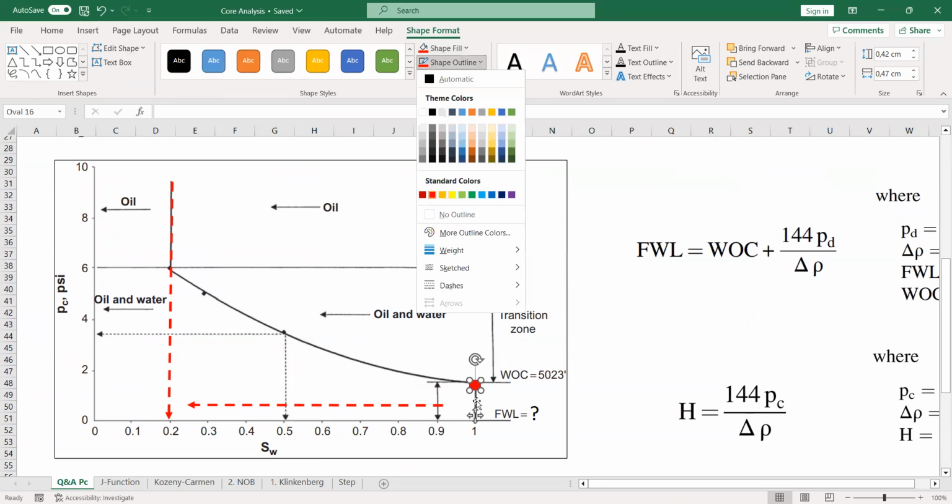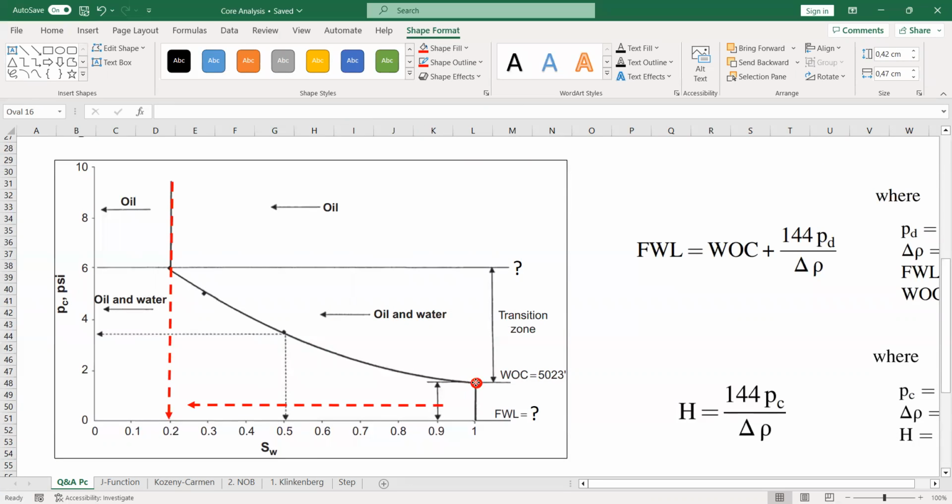Okay, so this is the minimum capillary pressure required to get rid of all the oil from the pores, so that water can occupy the entire space and then reach 100% water saturation.